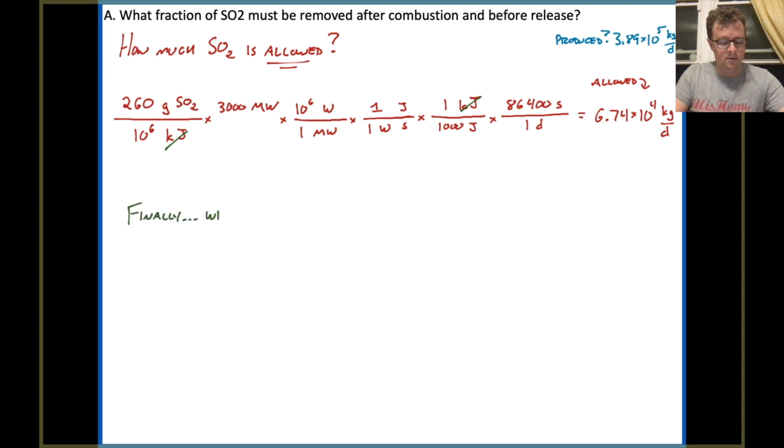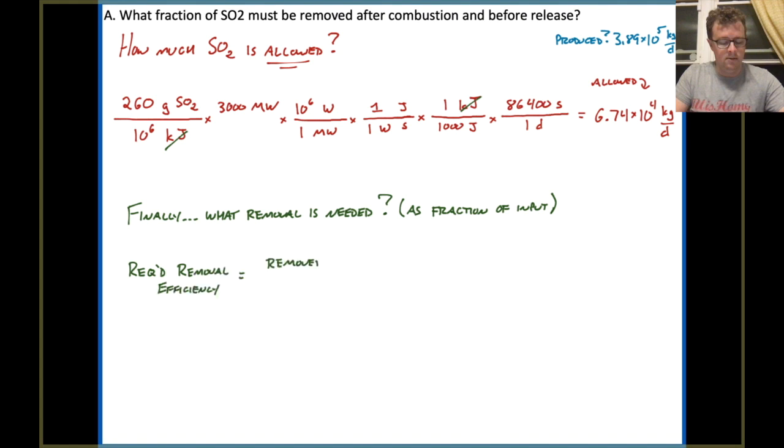So the ultimate question here: what fraction of sulfur dioxide must be removed after combustion but before release? In order to answer that problem, the required removal efficiency is what you remove in the numerator divided by what went in the denominator.